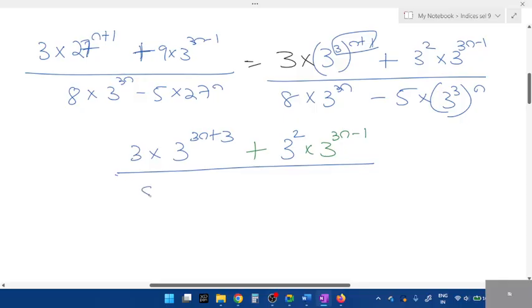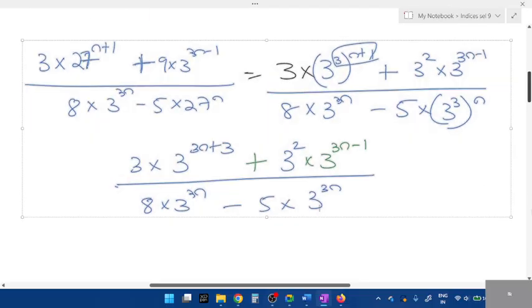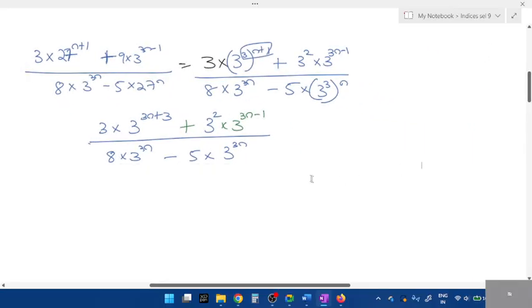Divided by 8 into 3 to the power of 3n minus 5, and when you multiply this, what do you get? 3 into n is 3n. Is this clear? First go through this, students. Let me know whether you understood.